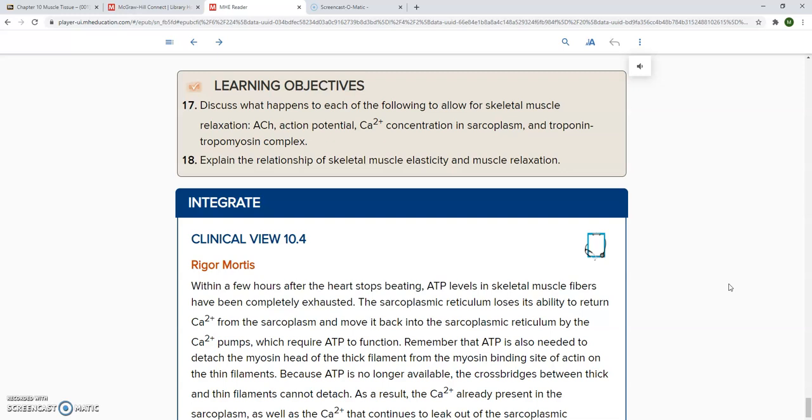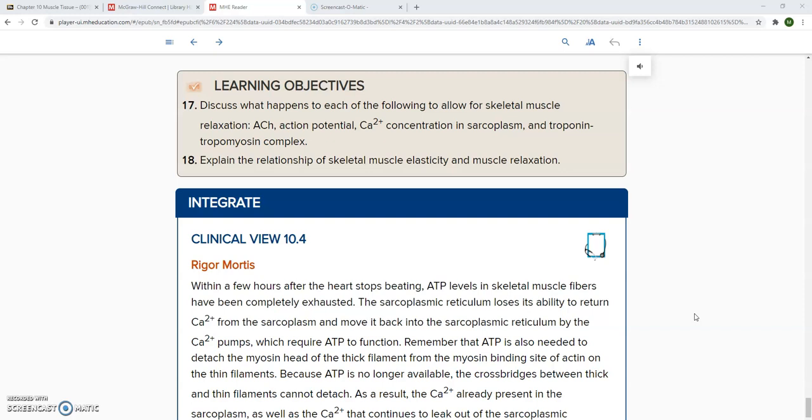Once it's all completely used up, we don't have any ATP to power those calcium pumps in the sarcoplasmic reticulum. Those are the ones that actively transport calcium back into the sarcoplasmic reticulum. So any calcium that's in the sarcoplasm stays in the sarcoplasm. Because of the lack of ATP, we still have calcium floating around in the sarcoplasm.